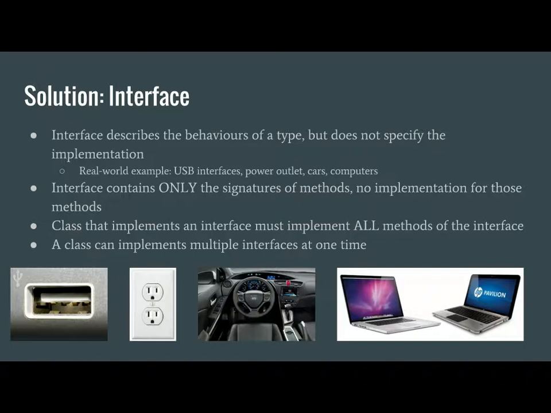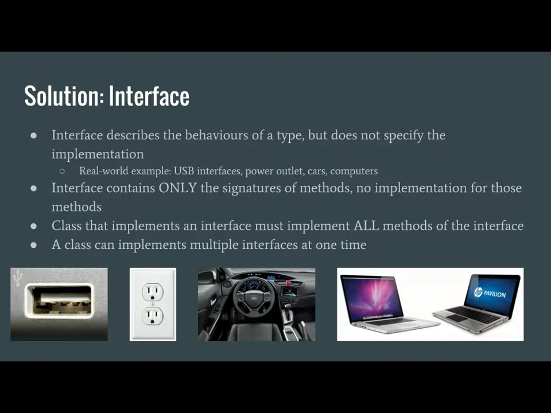It only gives the shape of it, which is like all the wires, but it does not define what device you can plug in. You can plug in your mouse, your keyboard, your Bluetooth headphone. You can plug in your phone to charge it. Basically anything that has a USB interface can be plugged into it without worrying about what the device actually is. So interface describes the behavior of the type, but does not implement that.